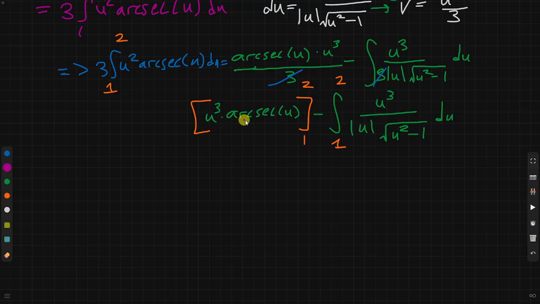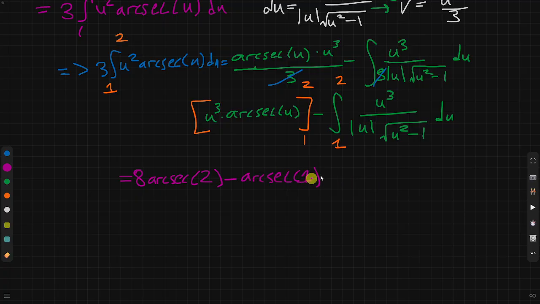That's going to be 2 cubed times arcsecant of 2, which is just 8 times arcsecant of 2. And we're going to subtract. Now evaluate this at 1. So 1 cubed times arcsecant of 1 is just arcsecant of 1.